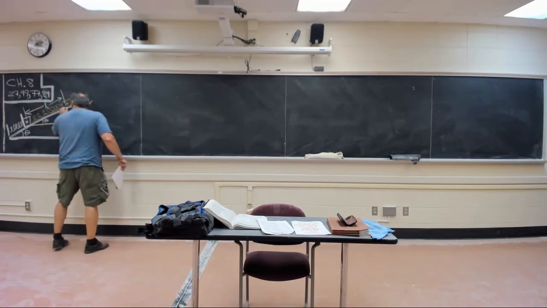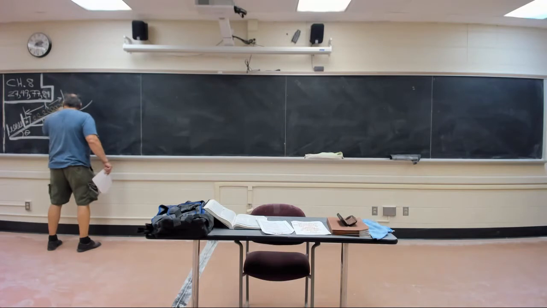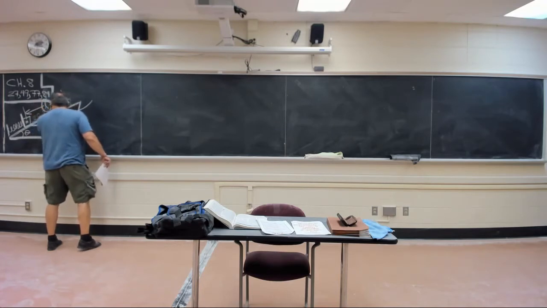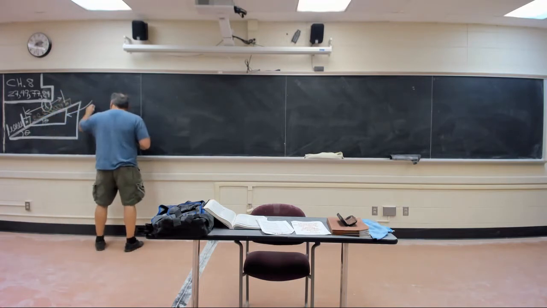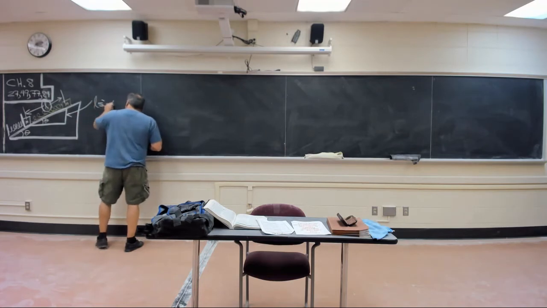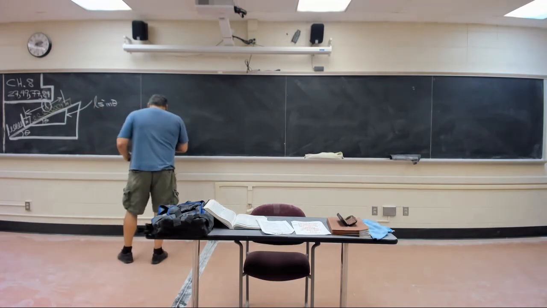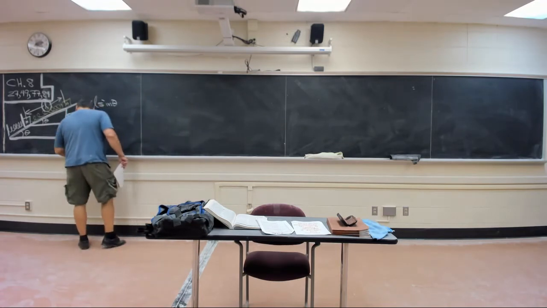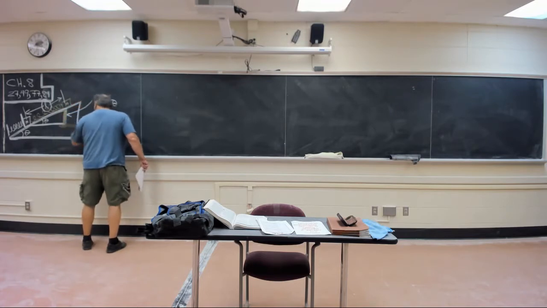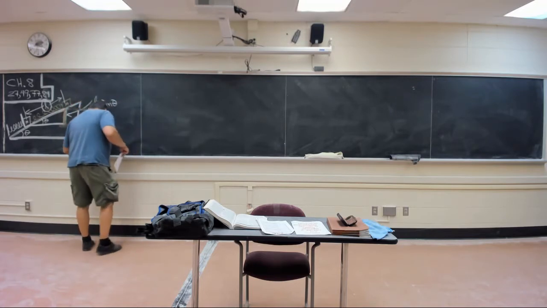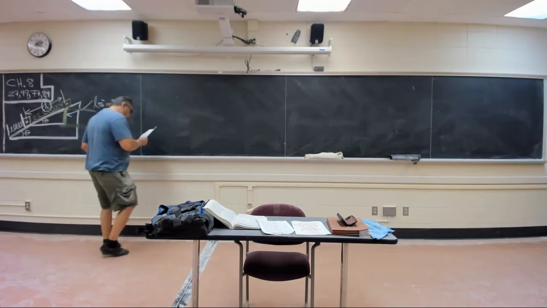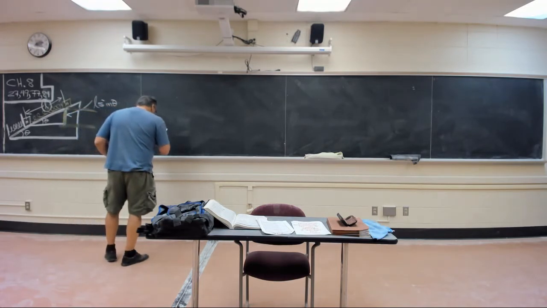If this whole thing is L, this is L cosine theta, this is L sine theta. It's going to drop by that amount. So that amount of a drop that's going to take place, you guys, drops by this much, thereby decreasing gravitational potential energy.